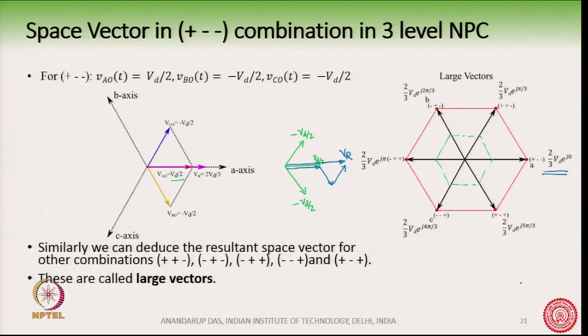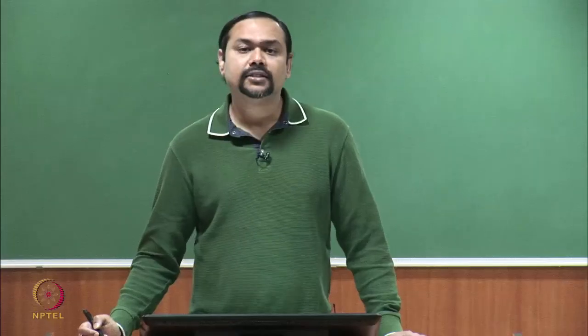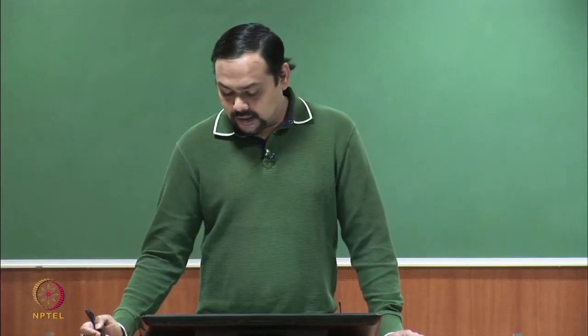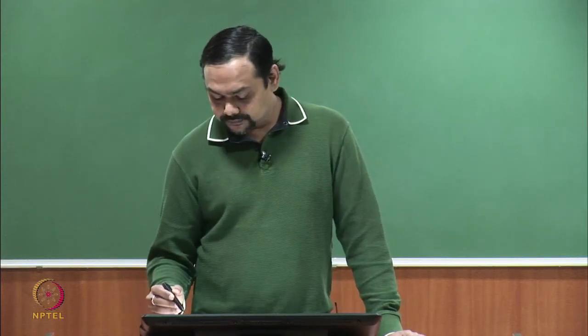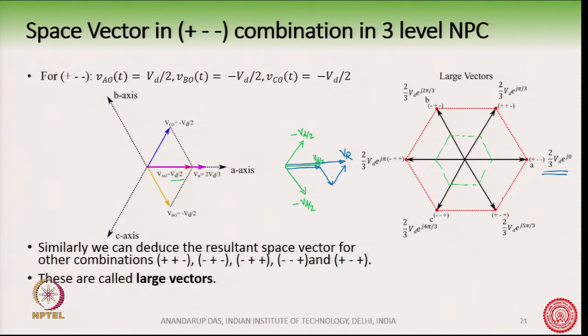Okay. So, these are called the large vectors, and these vectors form the boundary of the outer hexagon.